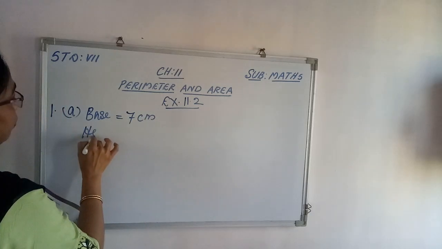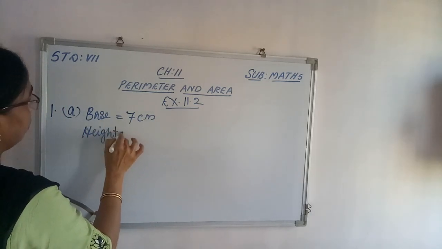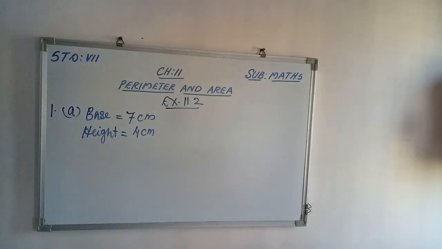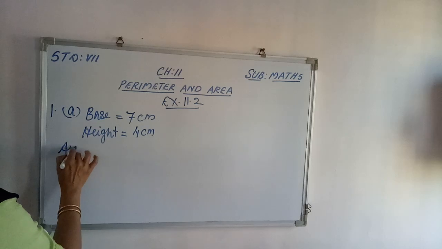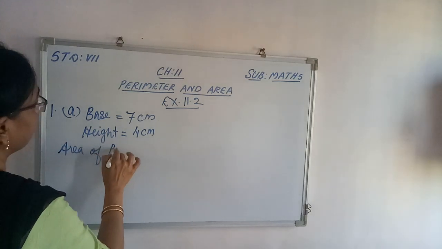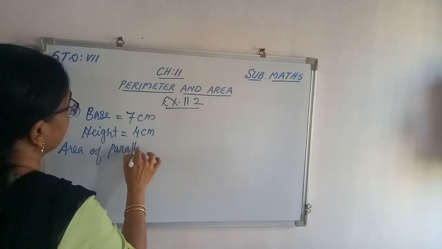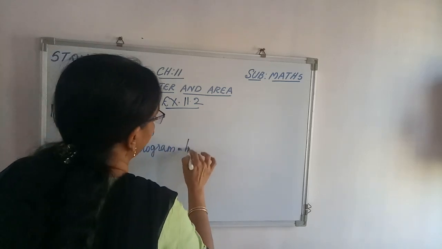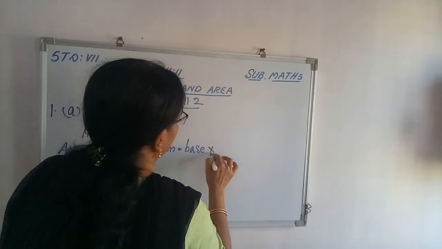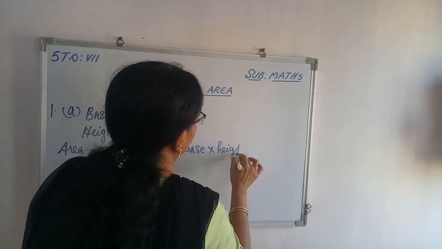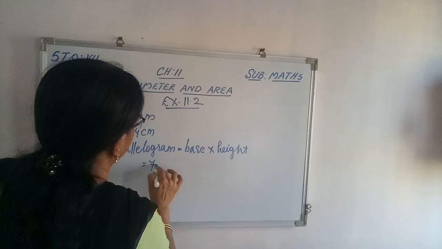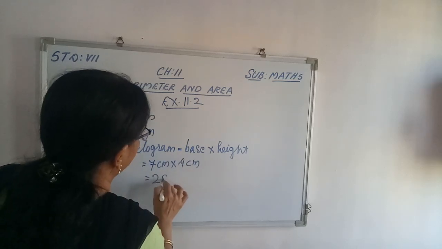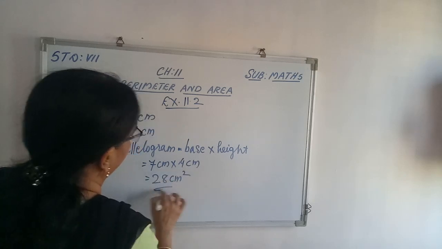What is height? 4 centimeter. Formula, area of parallelogram equals base into height, 7 centimeter into 4 centimeter, 28 centimeter square.